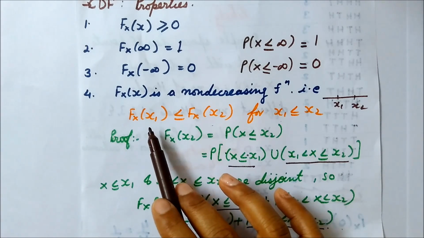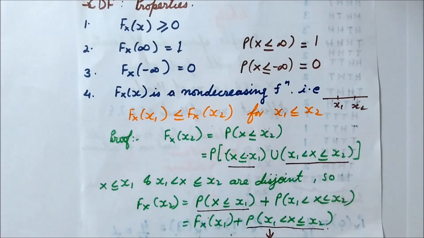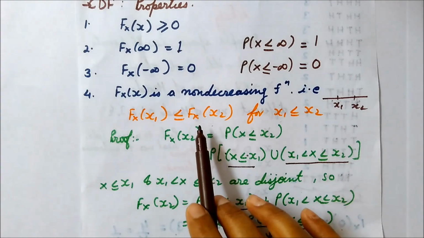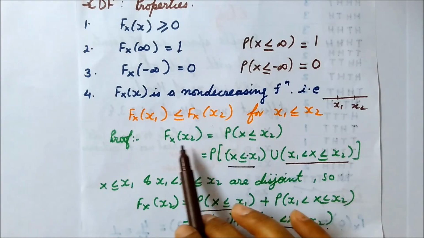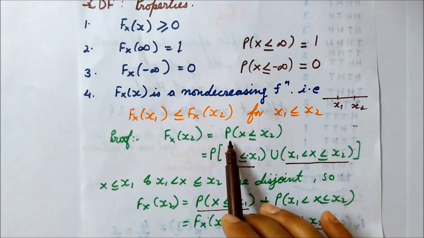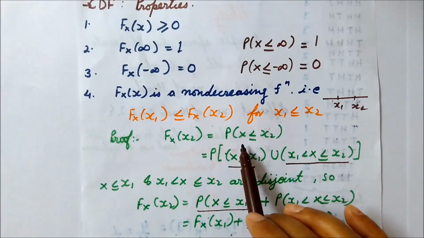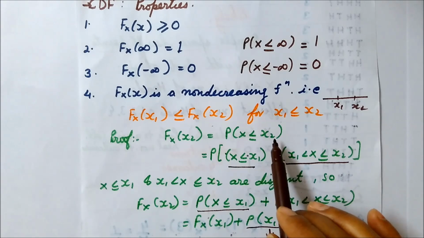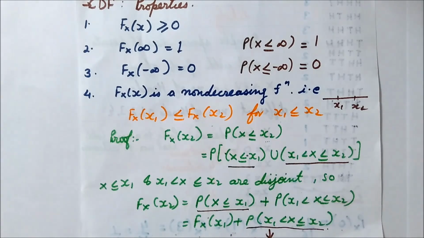The proof for this is that we'll start from the RHS. At the RHS we have Fx of x2, and it can be defined in terms of probability as the probability that random variable X will have a value less than or equal to x2. This is a real number.